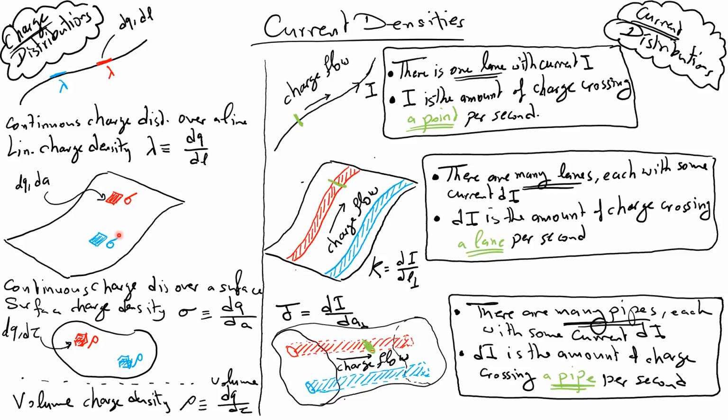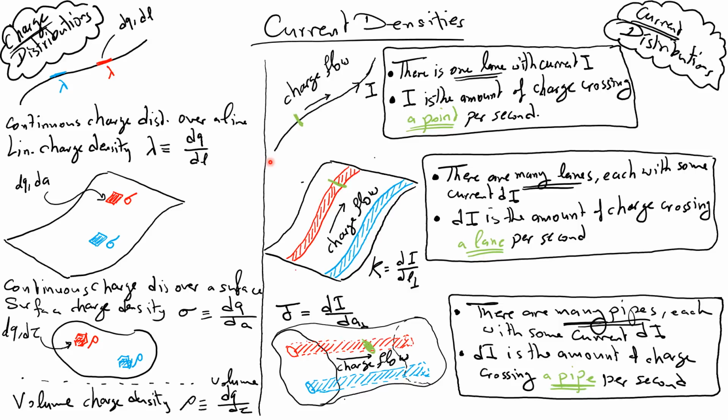Okay, so what if now these charges are moving? You have here a stream of charges down this line. They are moving with some velocity. And same story here: you let the charges move down this surface, and these charges are also moving in 3D. Once you have charges in motion, then we talk about something called the current, and current is nothing but a flow of charges.